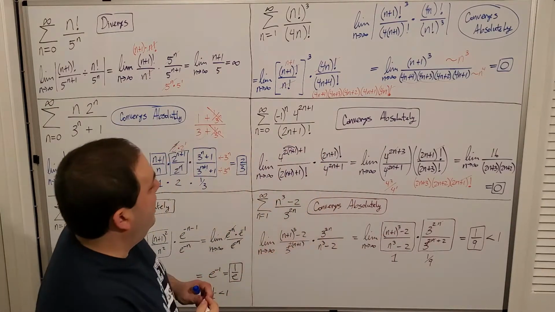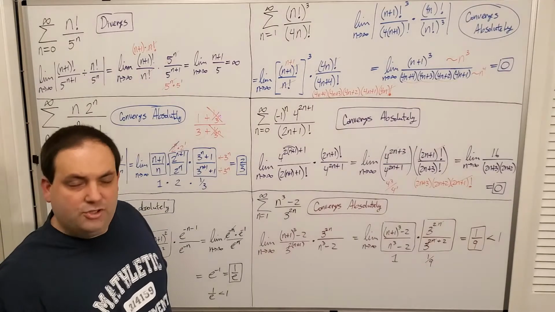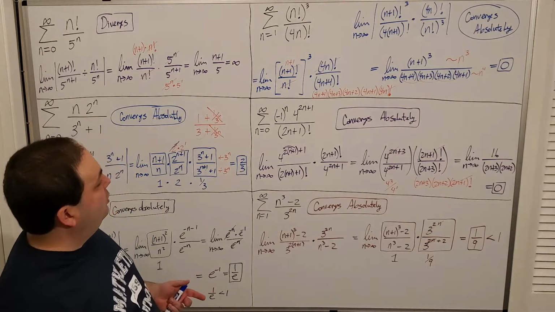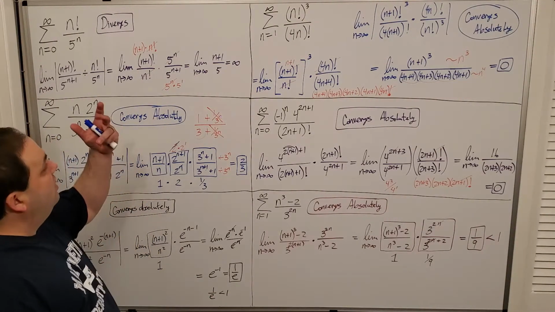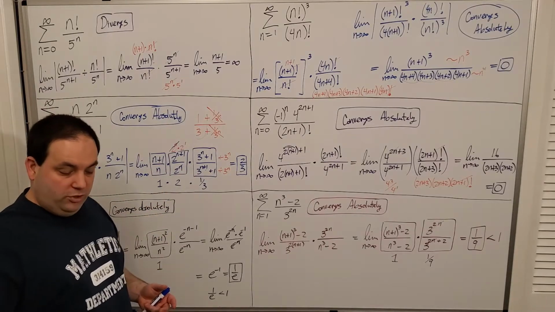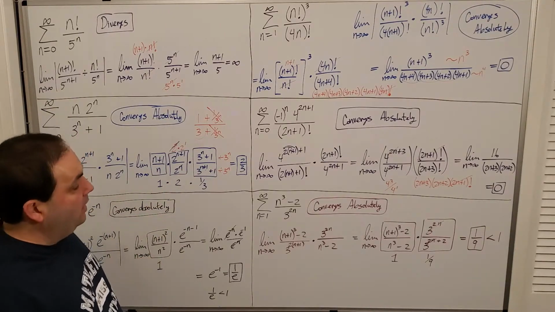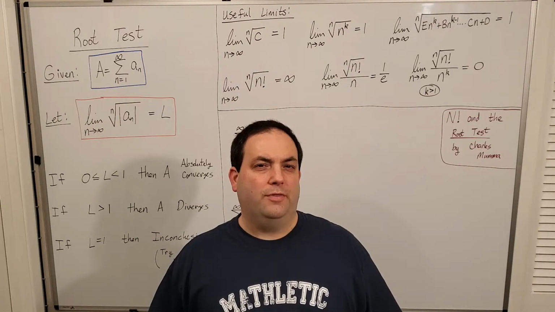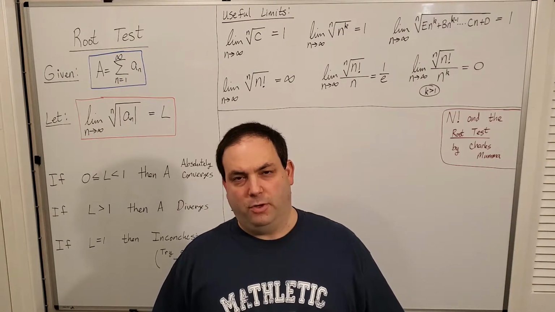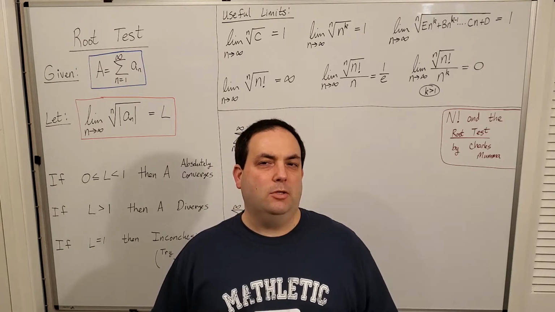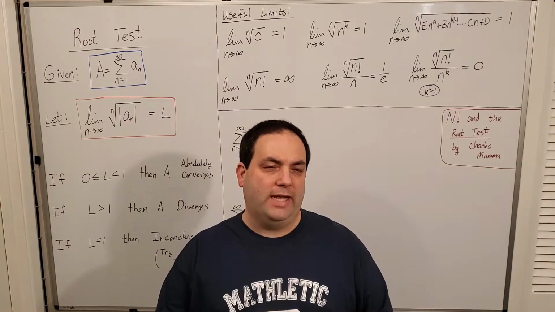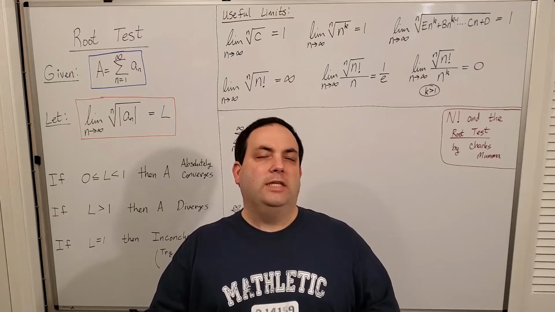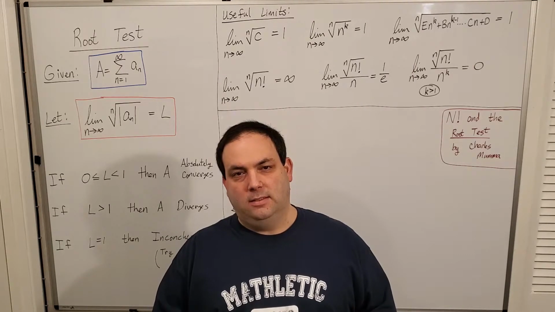So I hope you see now just how useful the ratio test is, especially when you're dealing with exponentials and factorials, which come up quite often in a lot of the series that we deal with. Next, let's talk about the root test for convergence. It's very similar in structure to the ratio test, except I only need the a sub n.